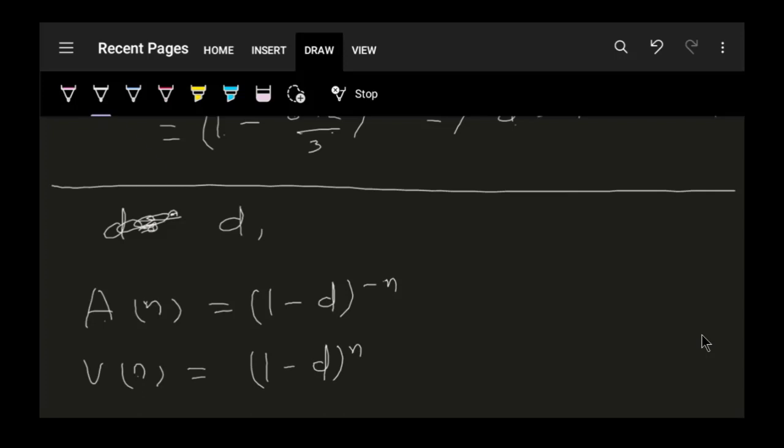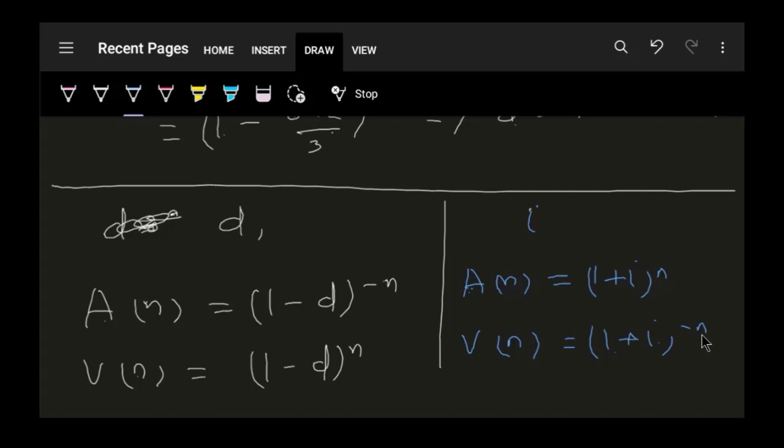And when we are given interest rate i, then our accumulation factor is 1 plus i to the power n, and similarly v to the power n is equal to 1 plus i to the power minus n.